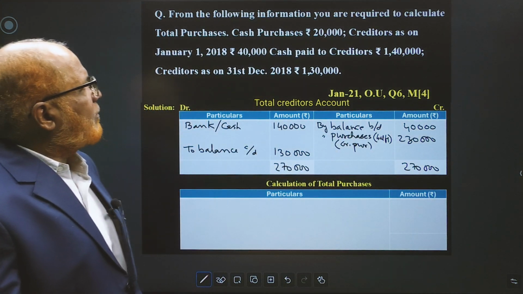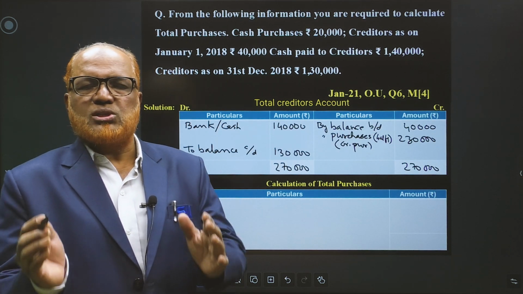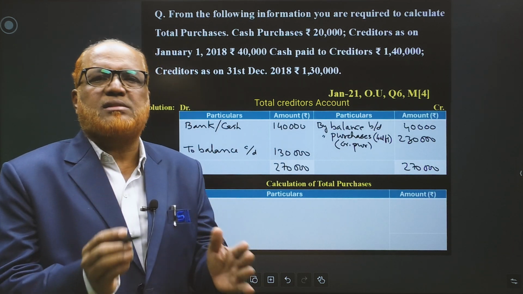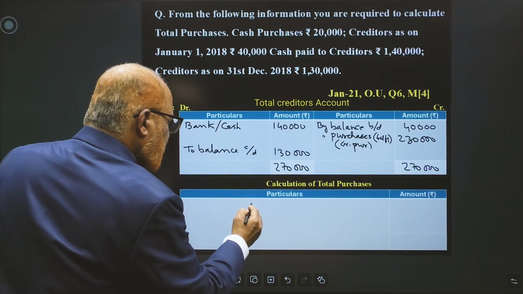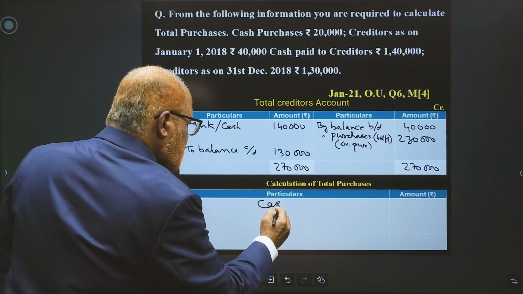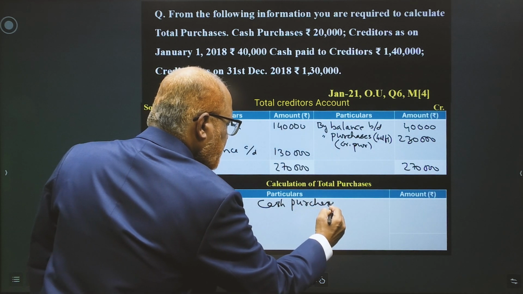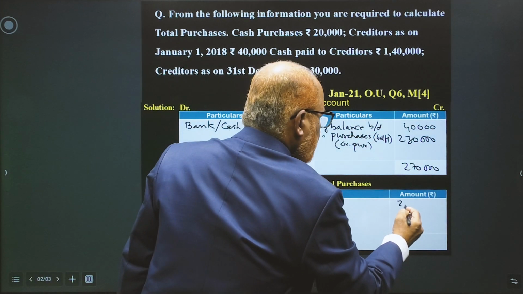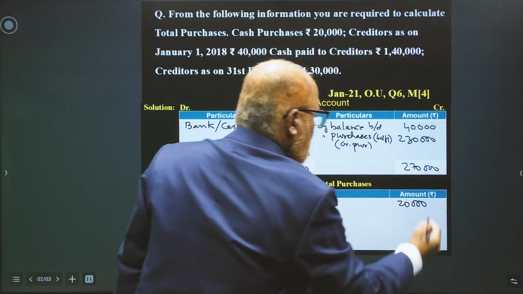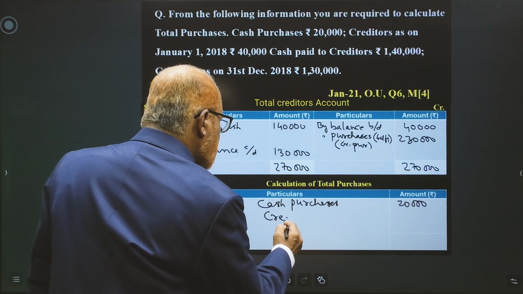But in the problem, it is asking you to calculate total purchases. The total purchases consist of cash purchases plus credit purchases. Calculation of total purchases. So I'm taking here cash purchases, which is given in the problem. The cash purchases are 20,000. We have not calculated it, it is already given. Credit purchases we have calculated just now.